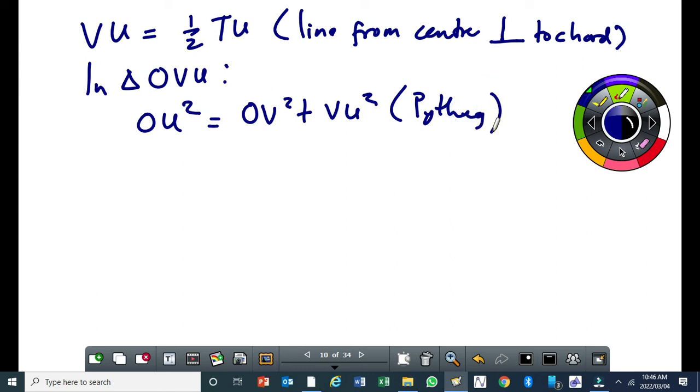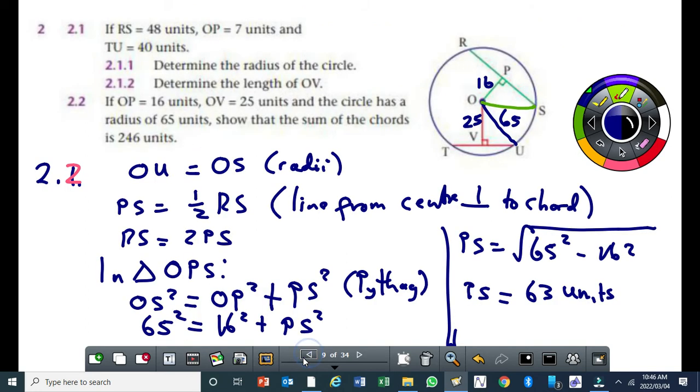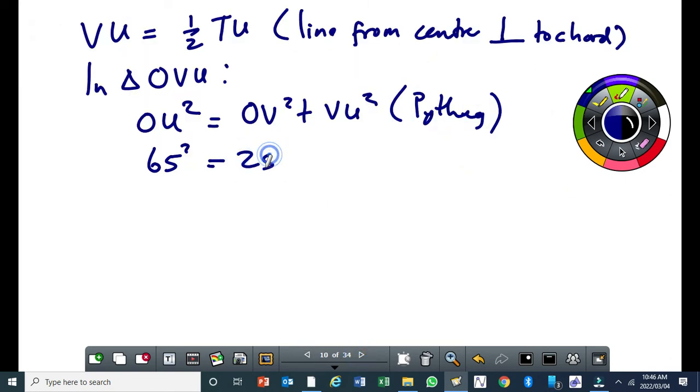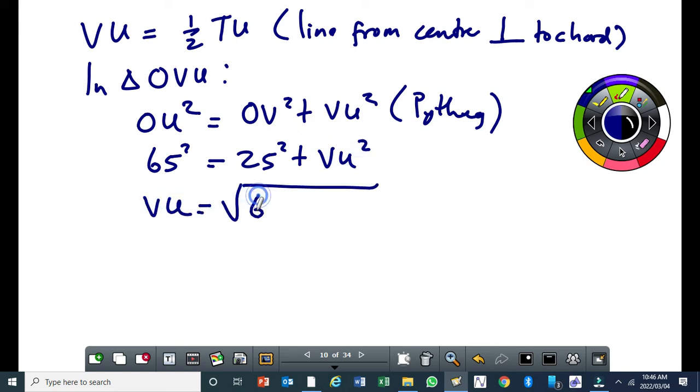Then this is 65 and OV is 25. So VU will be the square root of 65 squared minus 25 squared. What do you get? 60. So I found VU.